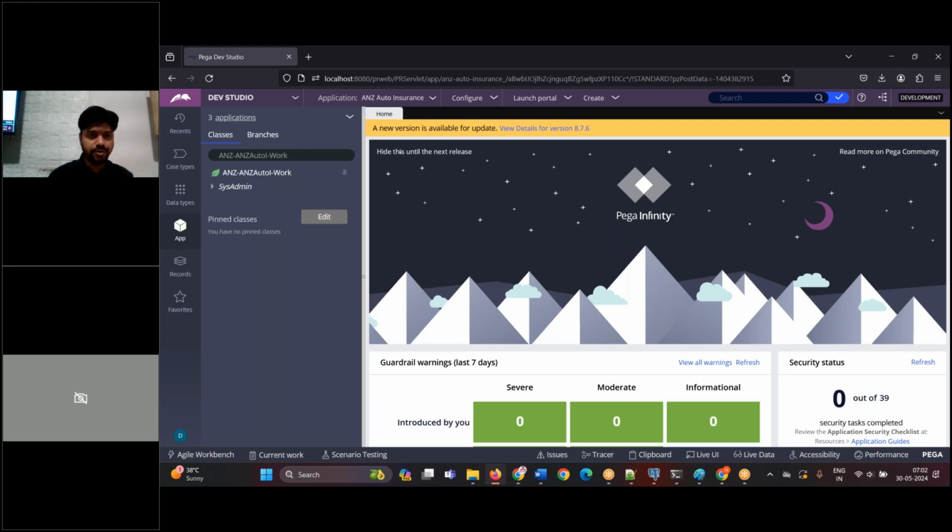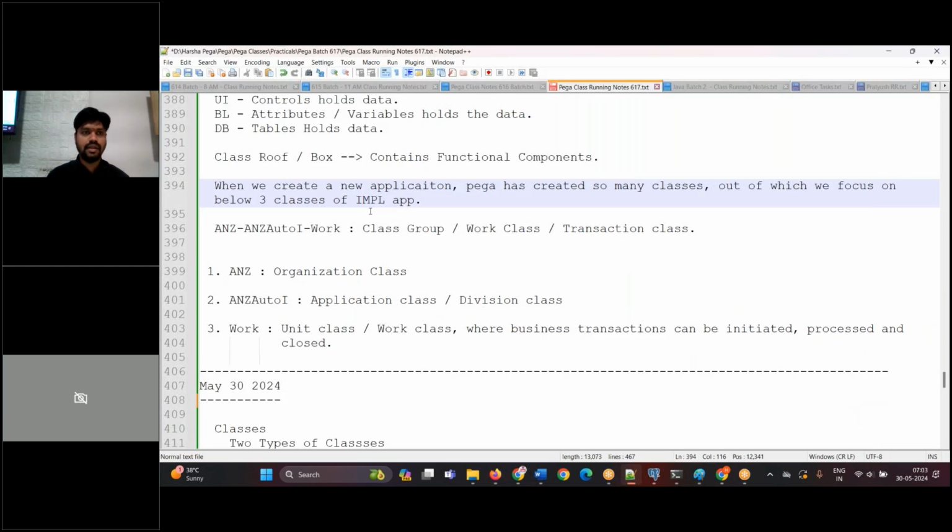Okay, so here you go. Now 3 classes have been created. So many classes were created, out of which we were focusing on 3 classes. Every time you come to this application, it will load these 3 classes up. This is the place where your transaction execution will happen. Transaction execution is going to happen at the class group place.